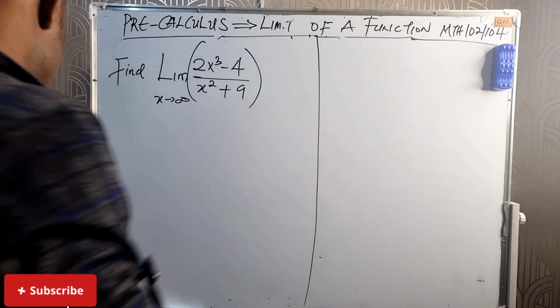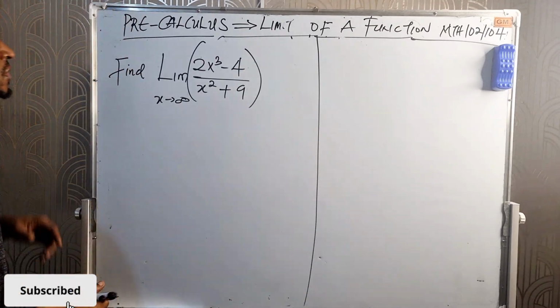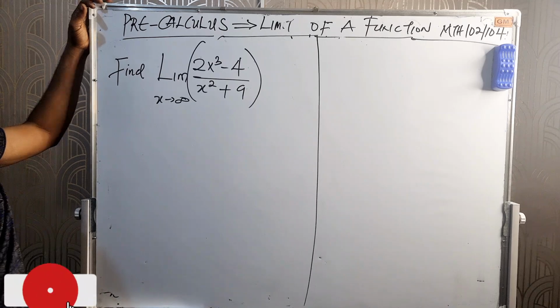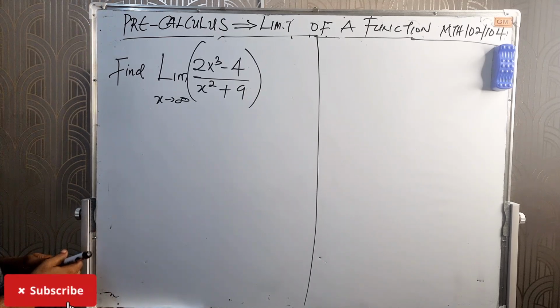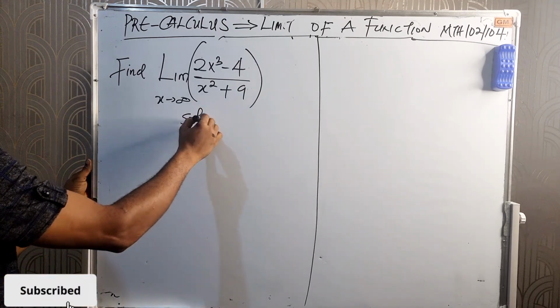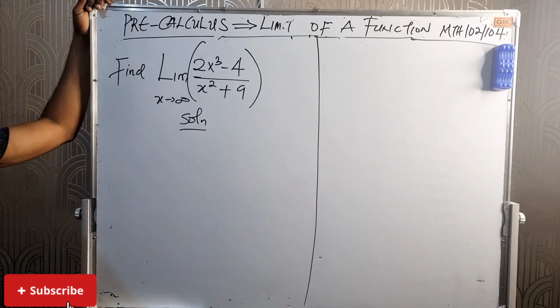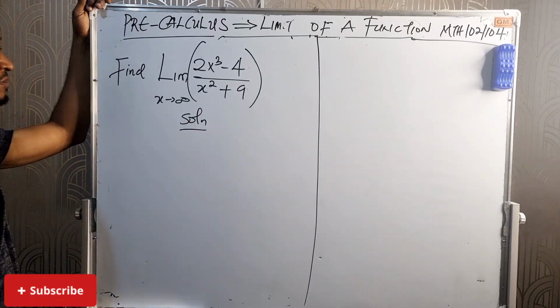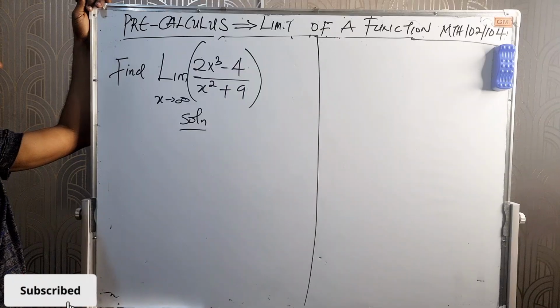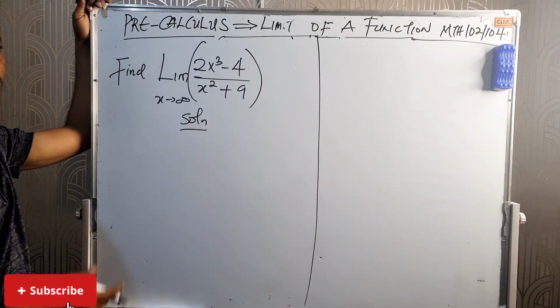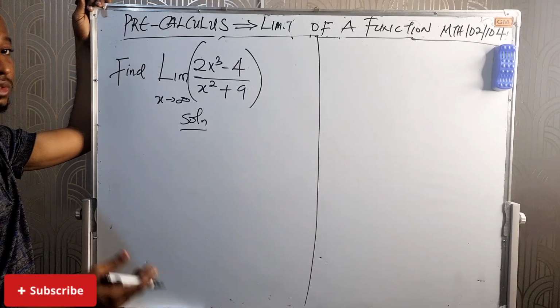Okay, we have a question that says find the limit of (2x cubed minus 4) divided by (x squared plus 9). Solution: the first rule is that we look for the highest power of x in the denominator, then convert every constant over x to the power of n into 0.